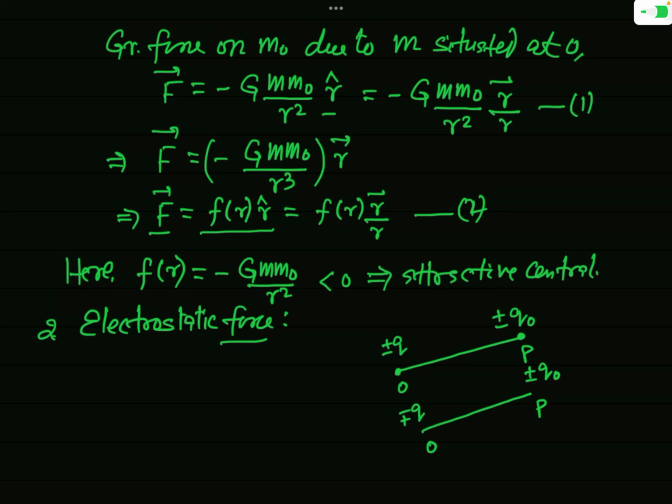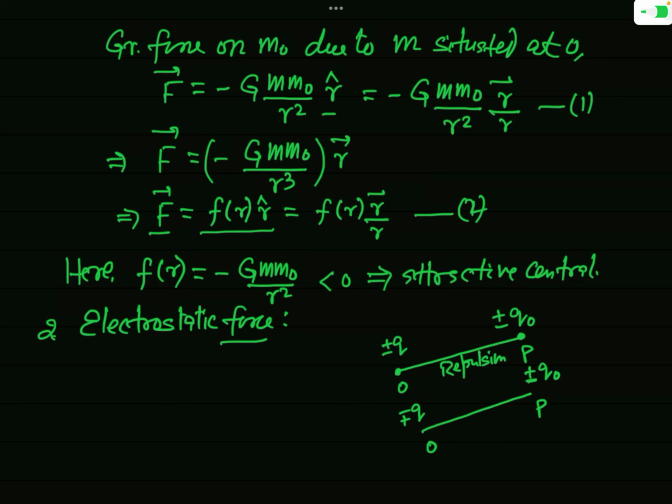When q naught is positive, in that condition q is negative, and when q naught is negative, then q is positive. Okay, so this is the case of repulsion, that is, repulsive electrostatic force will act in this condition.